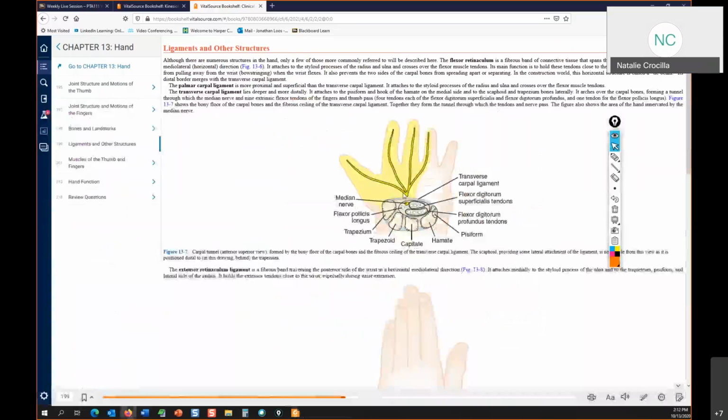So this is it. And so this is the distribution of the median nerve. And so this is the sensory distribution. So thumb, pointer finger, middle finger, and then half of the ring finger. I can't zoom in, so I don't like that.